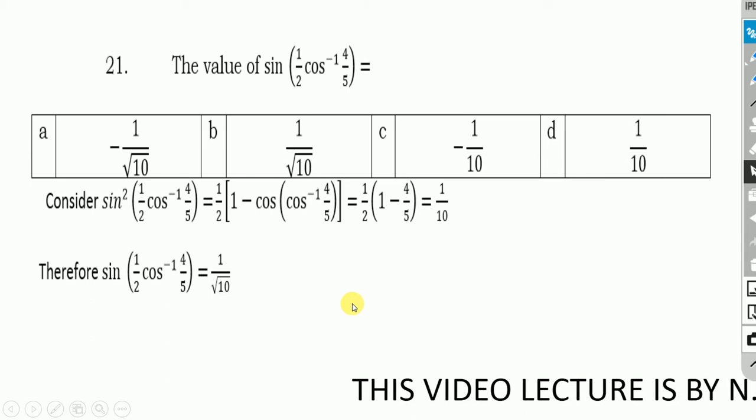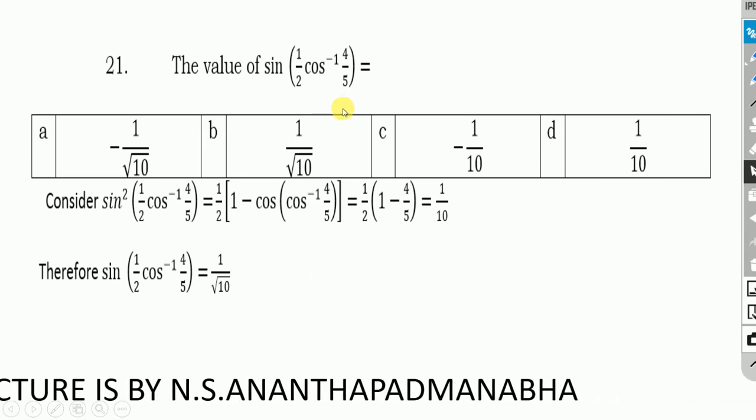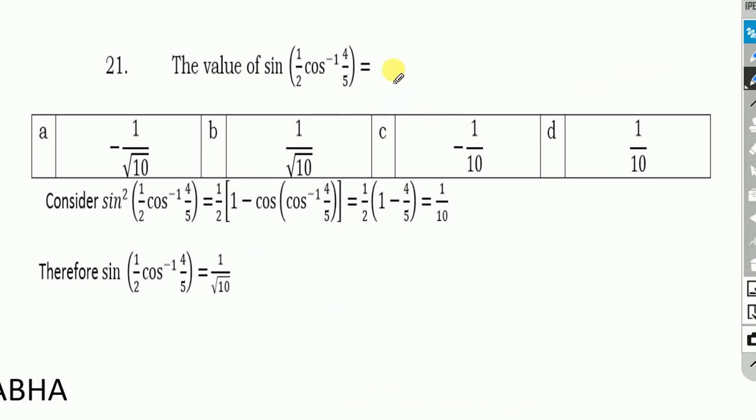I have to find the value of sine of 1 by 2 into cos inverse of 4 by 5. We know that this cos inverse of 4 by 5 is not a standard value. So actually this is sine square here. It's not typed. It is sine square 1 by 2 cos inverse of 4 by 5.